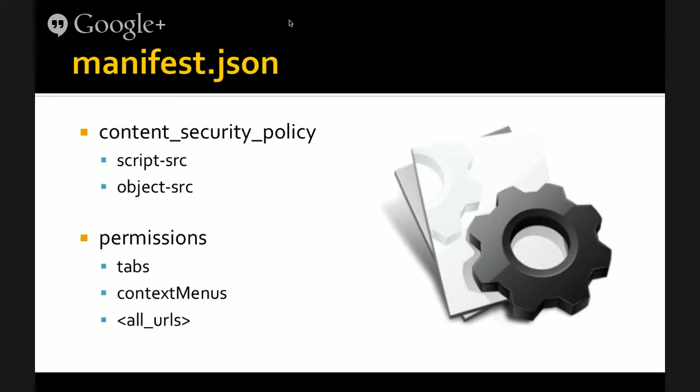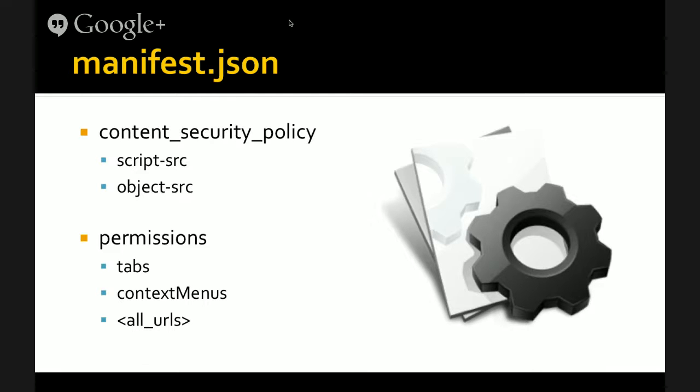In my case, I want to say that my Chrome extension can talk to the tabs that are available, that I want to use context menus within the inspected window, and that I want my extension to be able to talk to any URL. Thankfully you all know and trust Sencha, because otherwise you'd be opening yourselves up to a potential security hole using my extension. We're benevolent dictators in that sense.